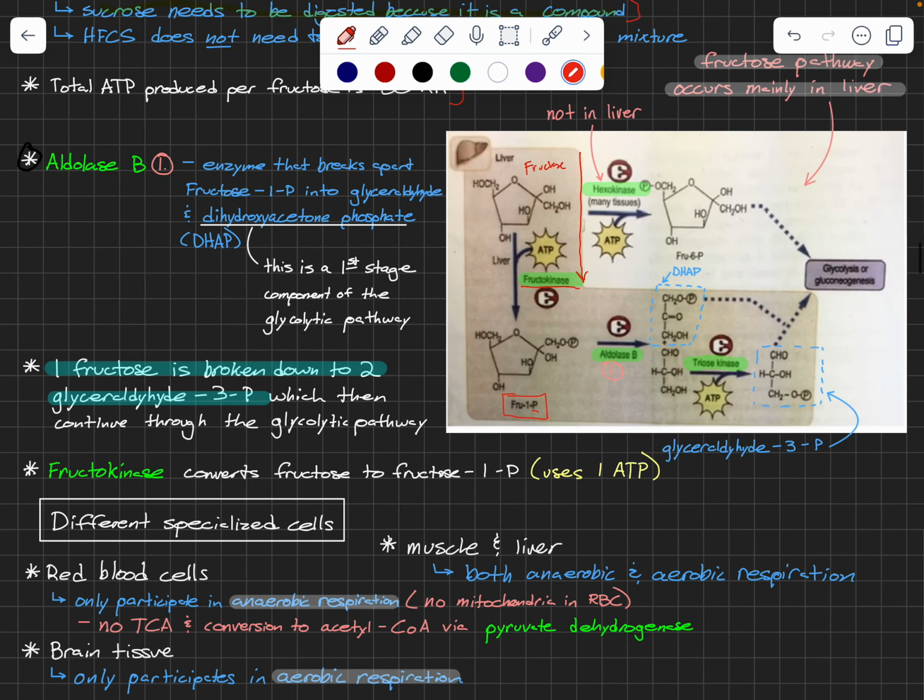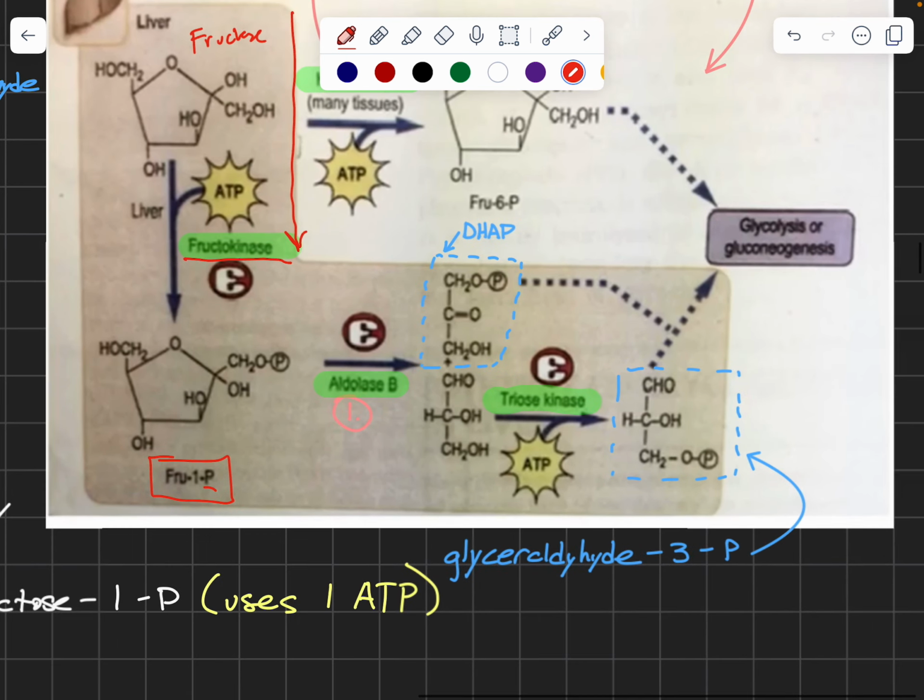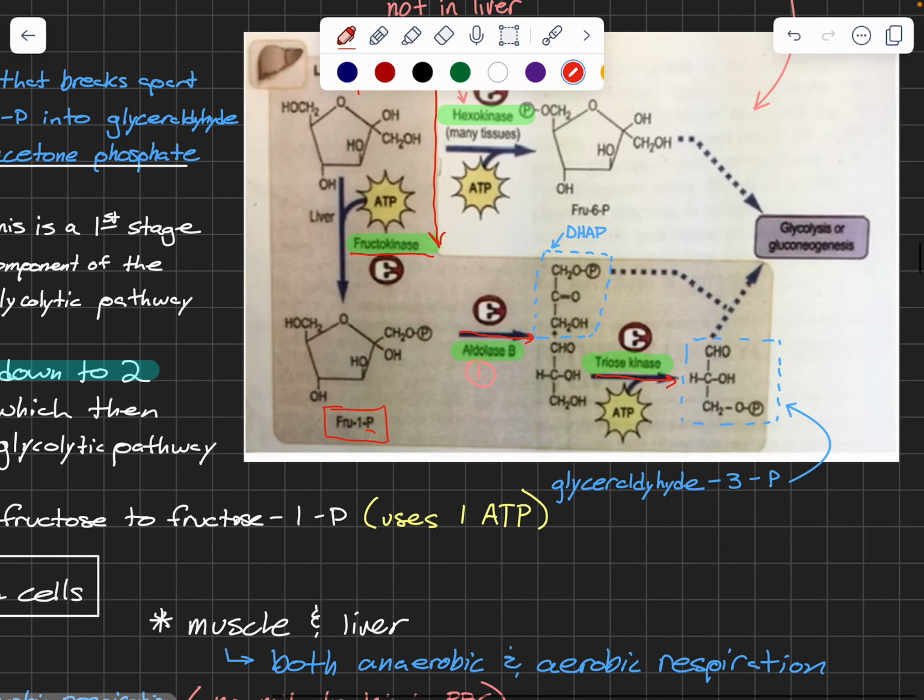And then from fructose 1P, if we want to break it down even further, we can break it down into either DHAP or we can go all the way to glyceraldehyde 3P.